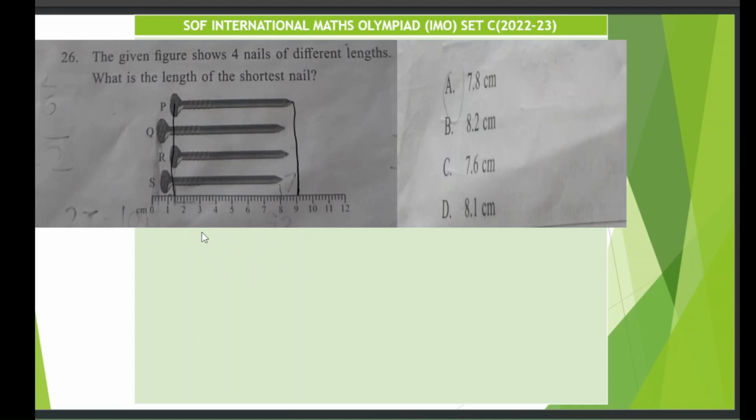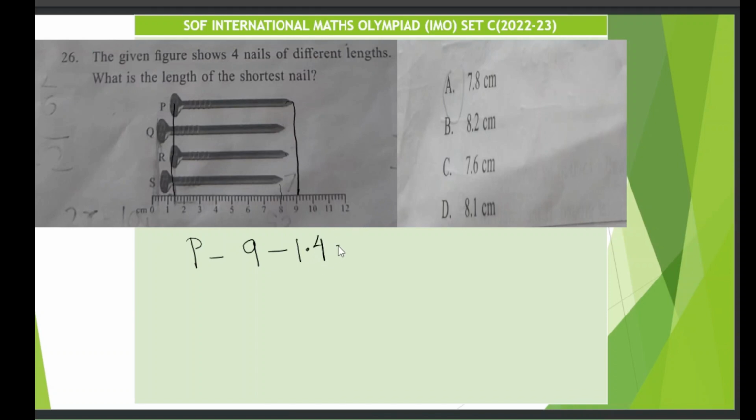Because nail P is not kept at the 0, it is not coinciding with the 0. The head of the nail is far away from the 0 centimeter. So how will you find the length? Suppose it is 9 centimeter. The tip of the nail is not touching, but this straight line is touching 9 centimeter. 9 minus, and this one is 1.4.